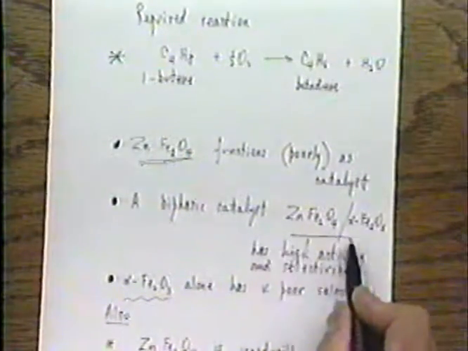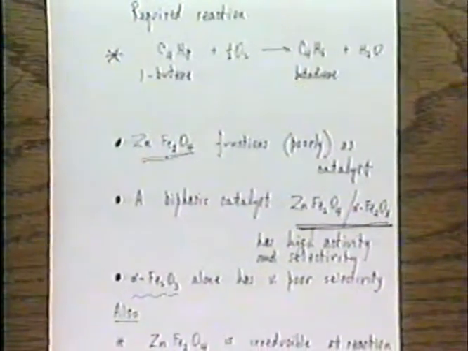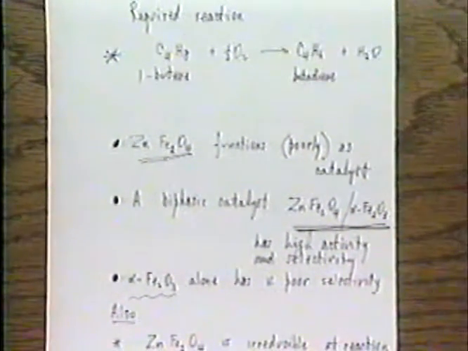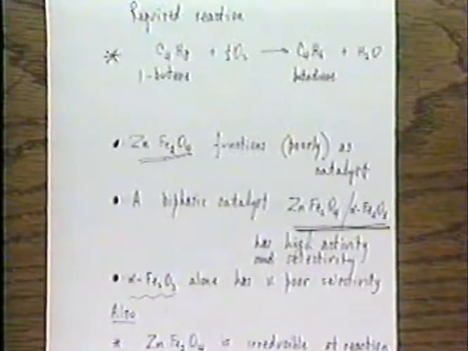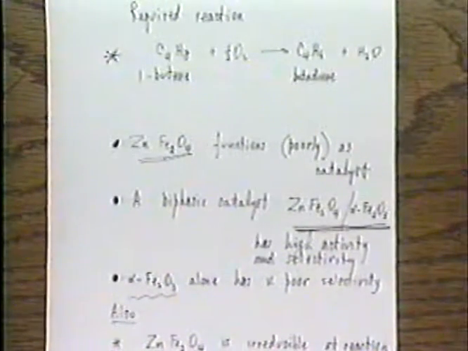What was found was that if you have a bifunctional catalyst consisting of an intimate mixture of Fe2O3 and the zinc ferrite, you finish up with a catalyst that has both high activity and good selectivity for the desired process.